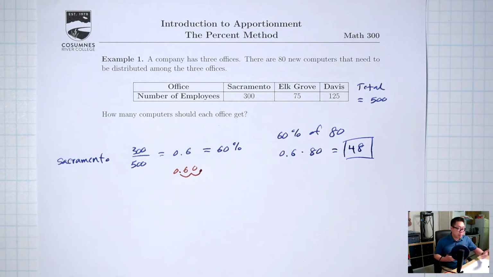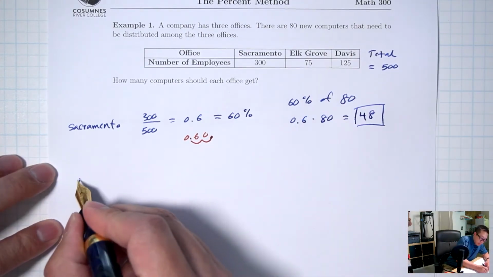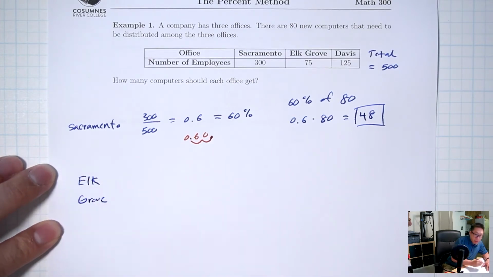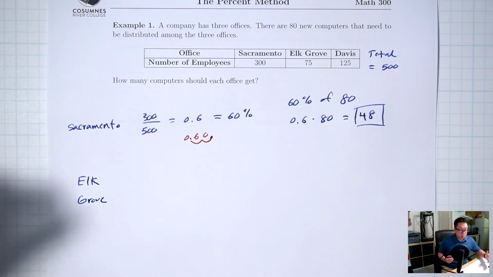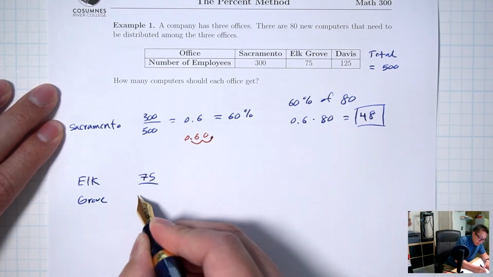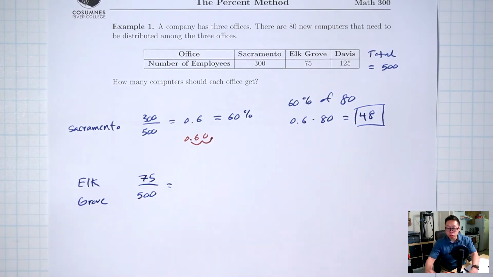And now let's do the same thing for Elk Grove and Davis. So Elk Grove has 75 employees. What percent is that? So to find out, you can do 75 divided by the total. 75 divided by 500. You should get a decimal.